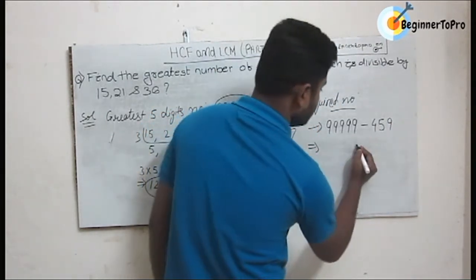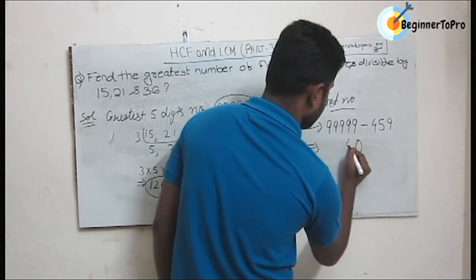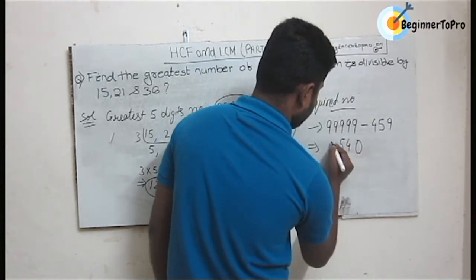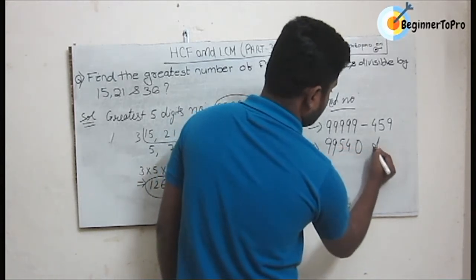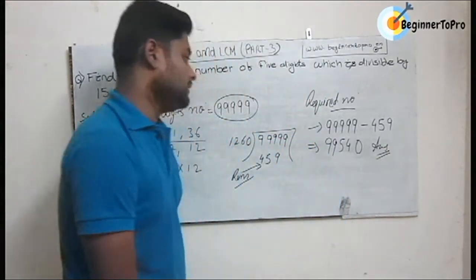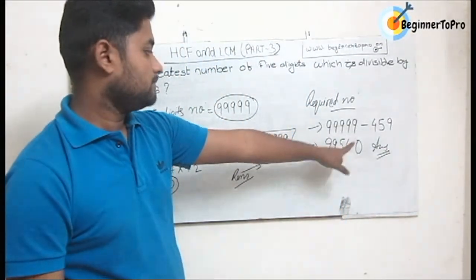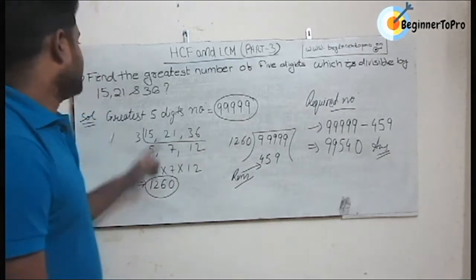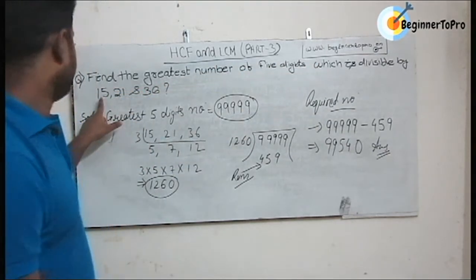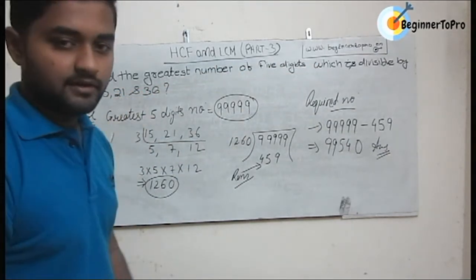What will be the result? 99540. So this will be your required answer, which is divisible by 15, 21 and 36 respectively.